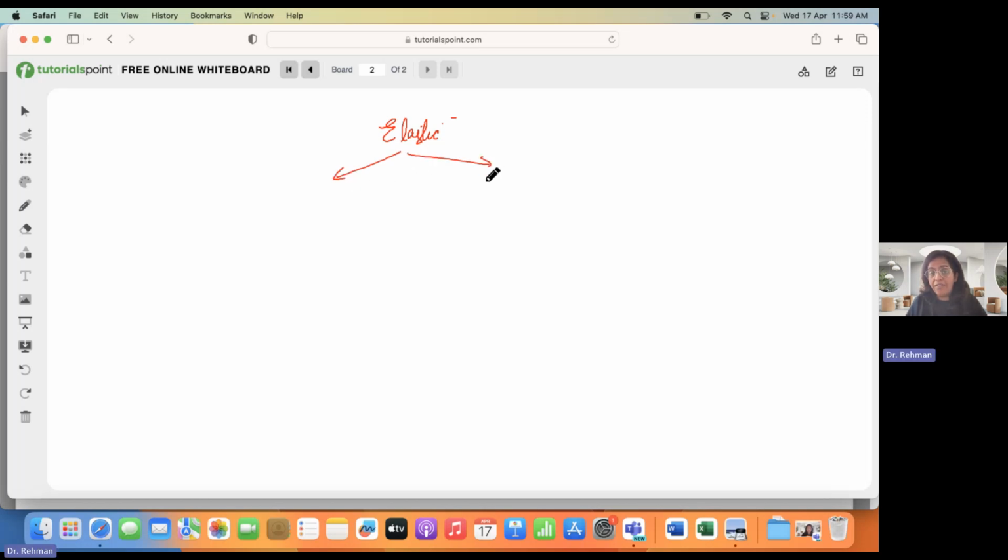any good can have a range of elasticities. It can be perfectly elastic or it can be perfectly inelastic.